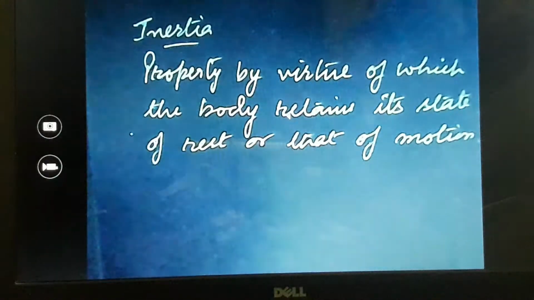In fact, it is the inherent property of a body.